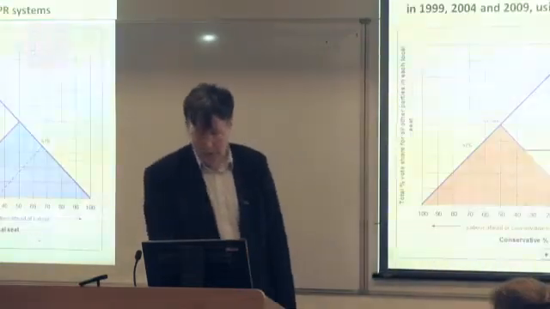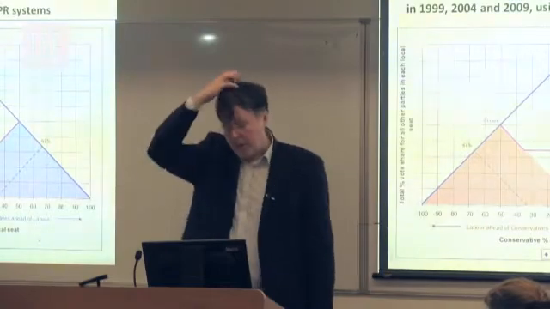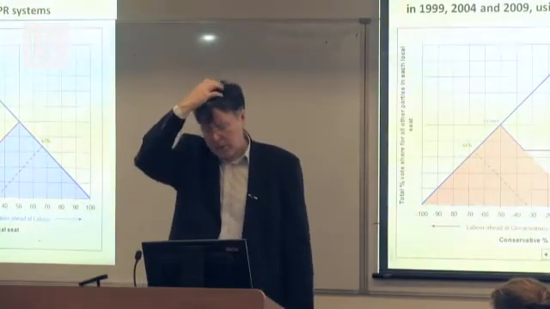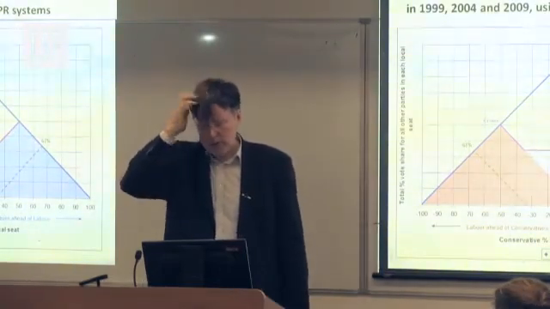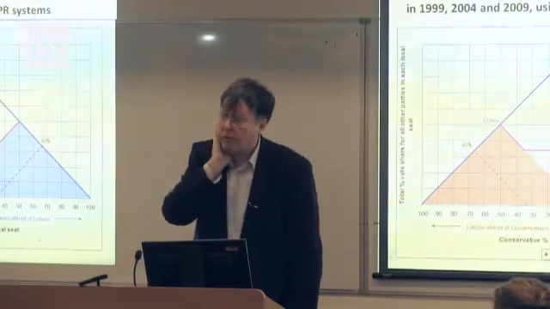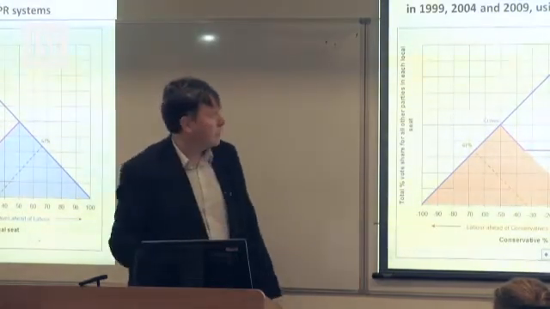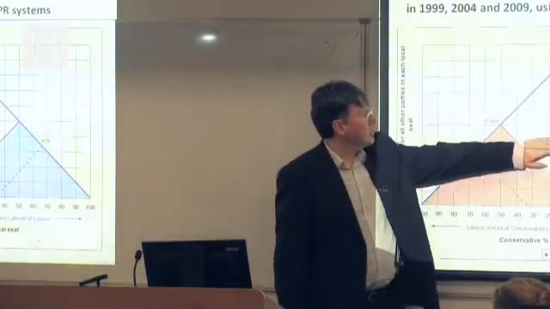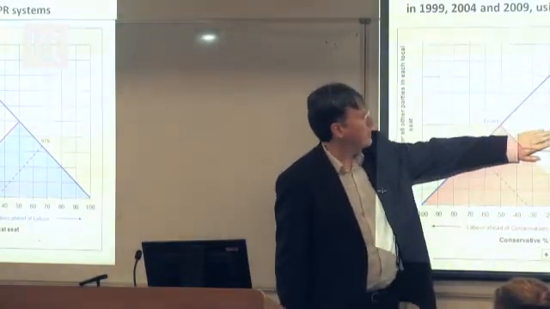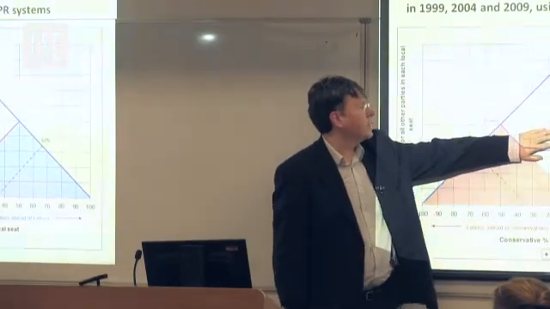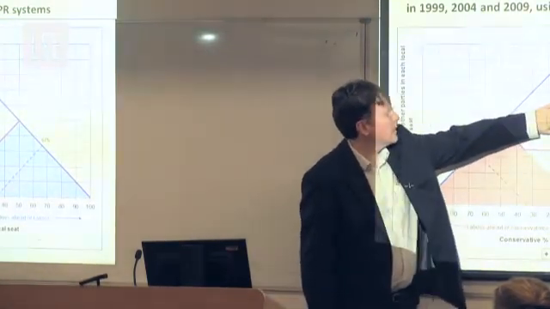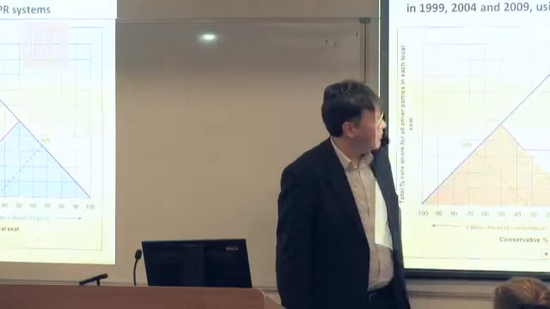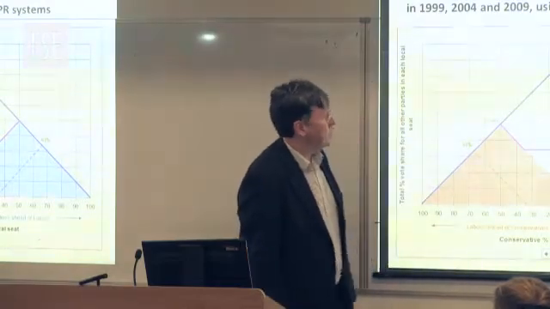And if you look at European Parliament elections, just look at the regional positions of the vote shares here, starting off in 1999 with the green dots, then moving in 2004 to the brown squares, and then moving in 2009 to the blue diamonds.